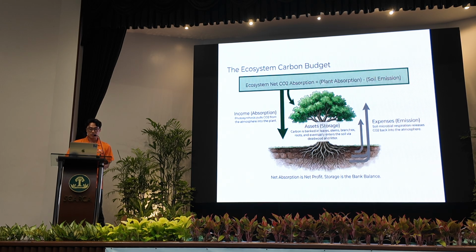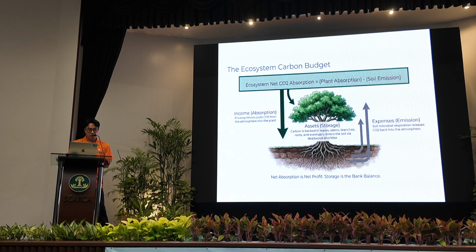We calculate the ecosystem carbon budget using a specific formula. First, plant absorption. Photosynthesis pulls CO2 from the atmosphere into the plant. We define this as income. Second, soil emission. Soil microbial respiration releases CO2 back into the atmosphere.